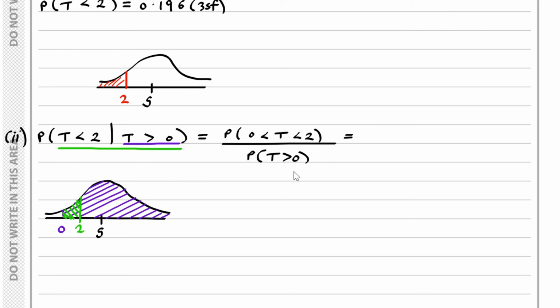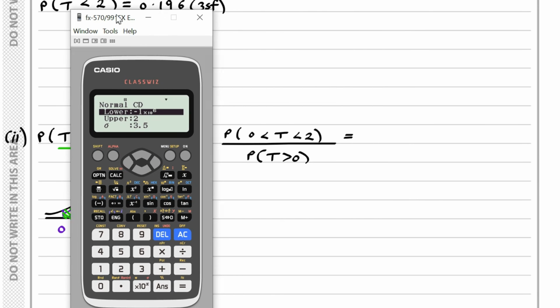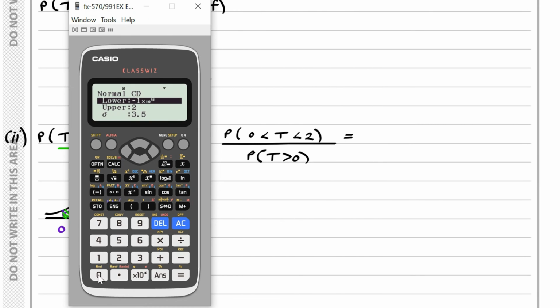So if we work this out, for the line over here we've got a lower limit of 0 and upper limit of 2. Values remain the same as shown, so here we get 119, etc. So let's store this into A actually.